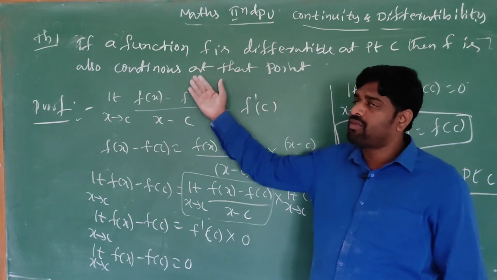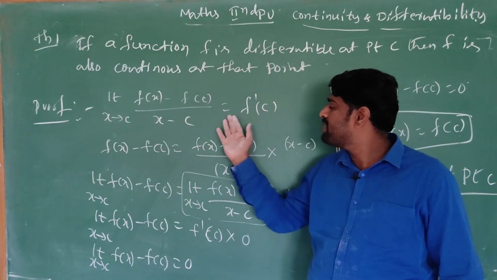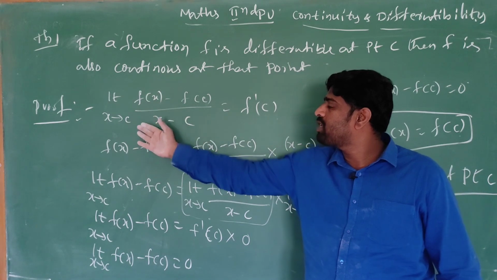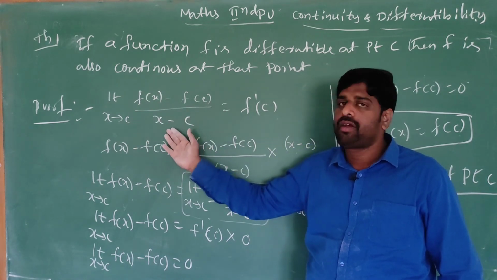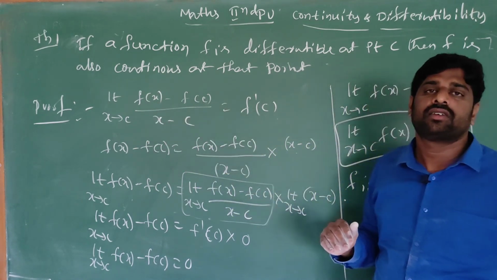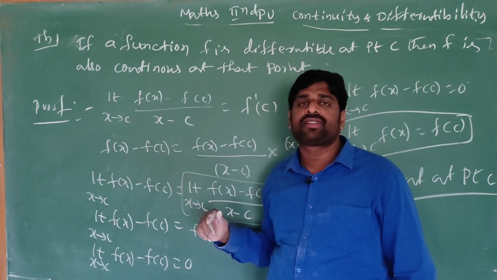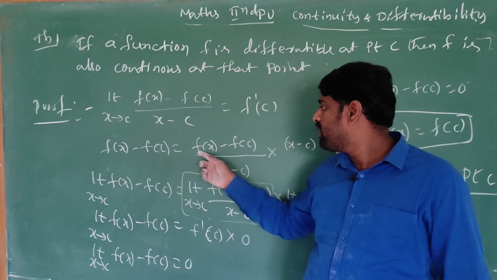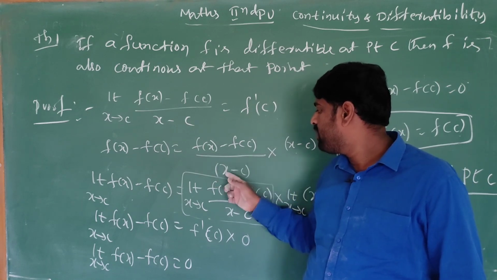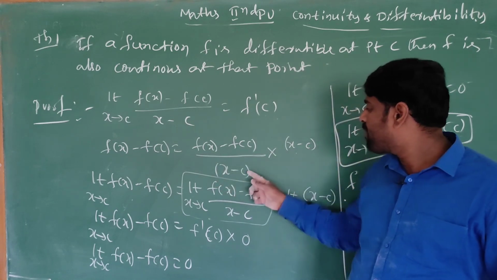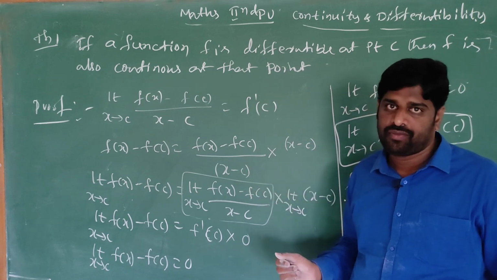What is a differentiable function? f dash of c equals limit x tends to c, f of x minus f of c divided by x minus c. You will take f of x minus f of c equals f of x minus f of c divided by x minus c, multiplied and divided by x minus c.